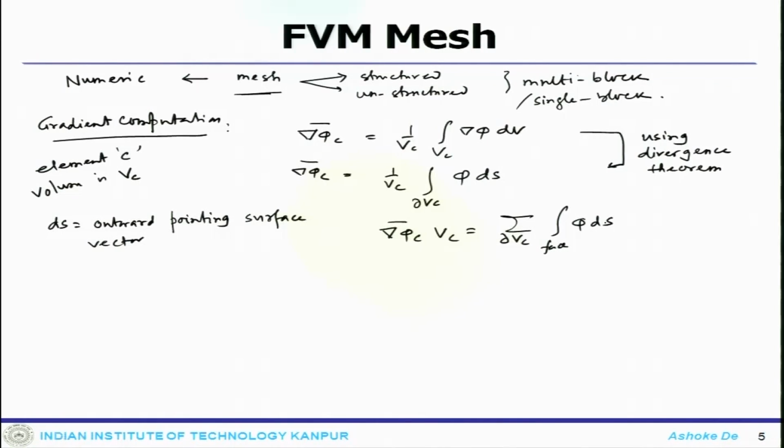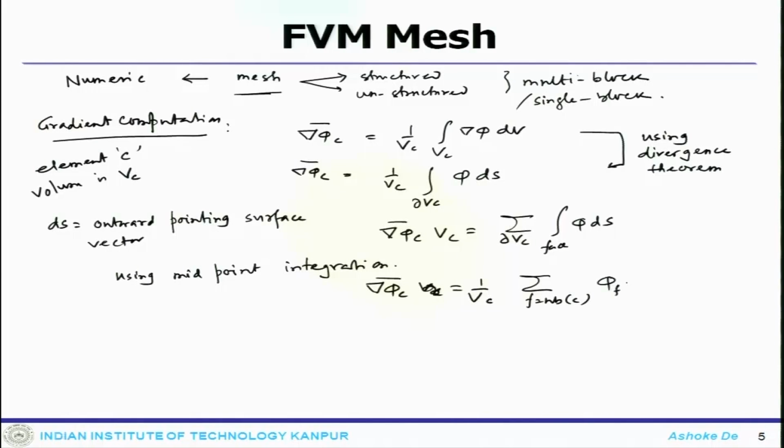Now, using midpoint integration, one can write the gradient of phi at C equals 1 by V_C times the summation over faces of phi_f S_f.